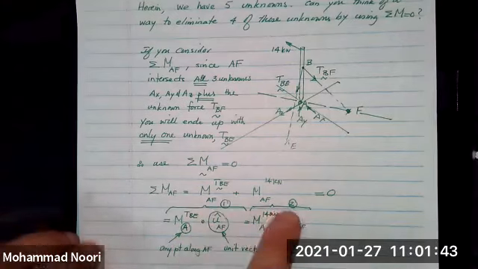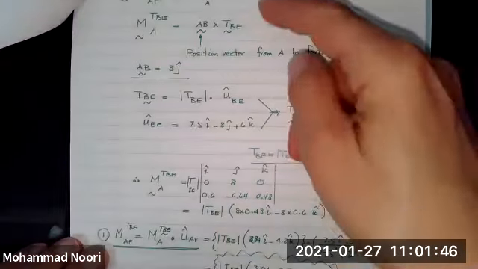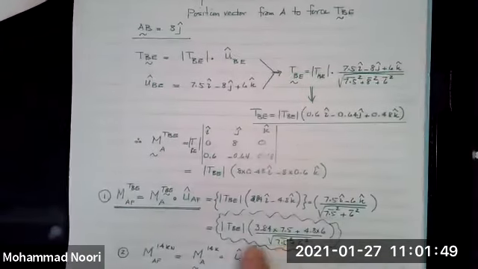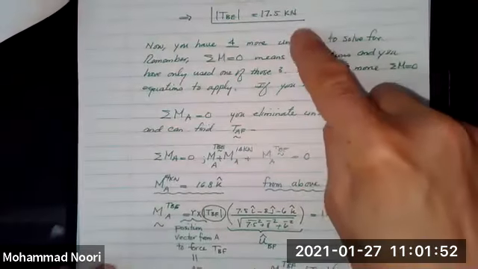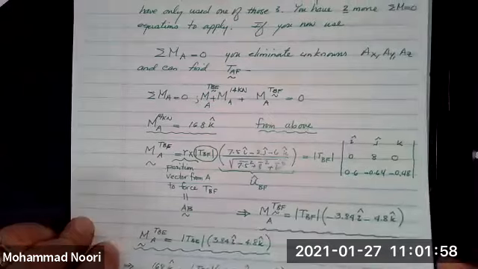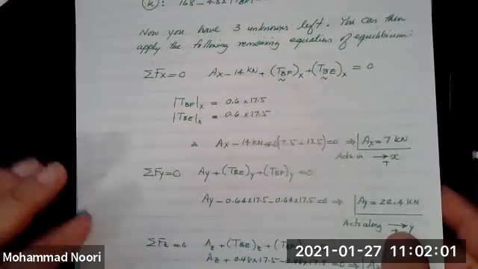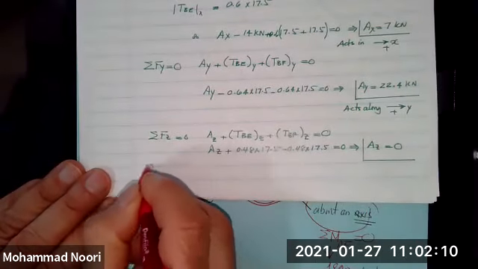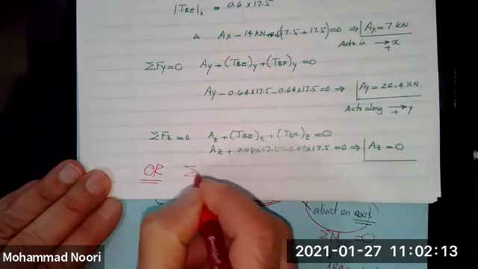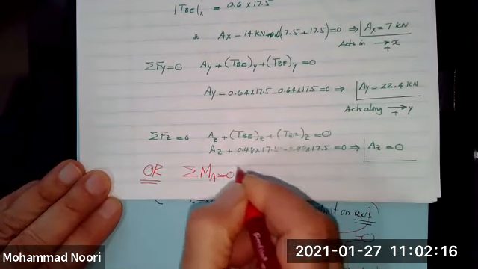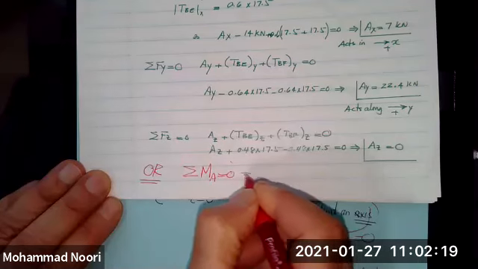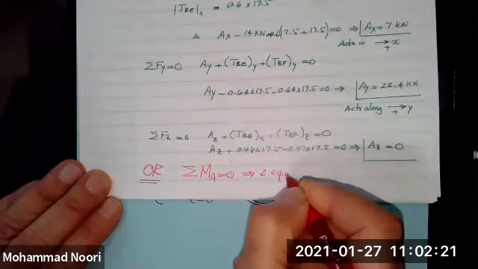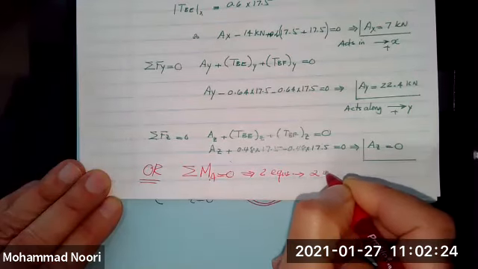So I've set that up in detail, and then I perform the procedure, and show you how you can find all these unknowns using that approach. Or, if you want to use an alternative approach, you can start with summation of moments about A equal to 0 first, which gives you two equations and leads to two unknowns.